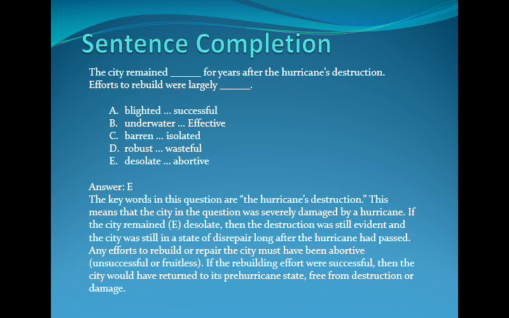So the best option over there is E, because it says that the city remained desolate for years. I mean, a state of despair. That's what it means. Good things did not happen in the city. Desolate means pretty calm and not happening as such.